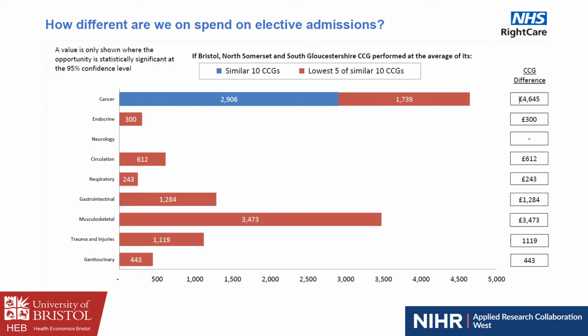So in this case, this opportunity value is £2.9 million, shown in blue, based on 2017-18 activity. They also make a comparison with the mean spend for the 5 CCGs in the comparator group with the lowest spend. So for cancer elective admissions, this opportunity value, shown in red, is an additional £1.7 million.